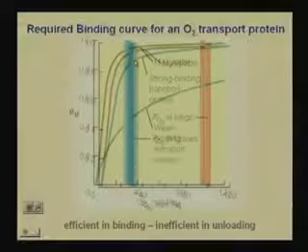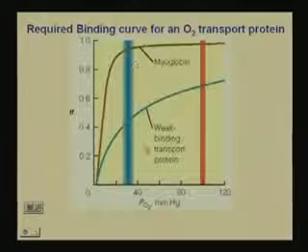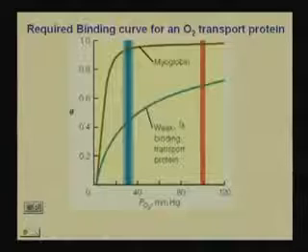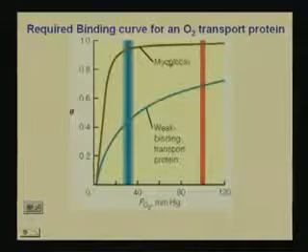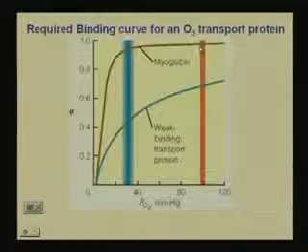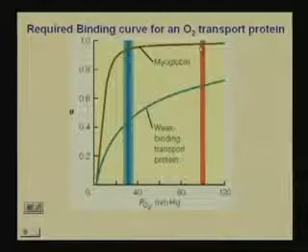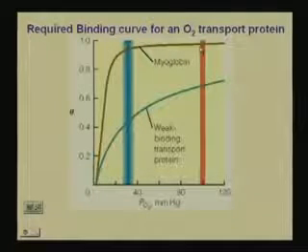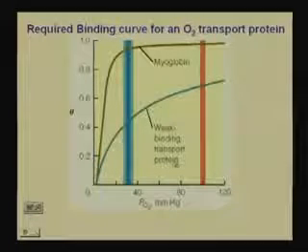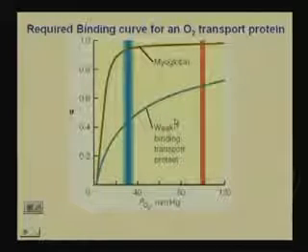Okay. So what happens if, let's say, we have something like this? If we have a weak binding transport protein, myoglobin remains as it is in a hyperbolic fashion, so it is more than 80% saturated in the lungs as well as in the tissues. But if we have a weak binding transport protein, what is going to happen to this?